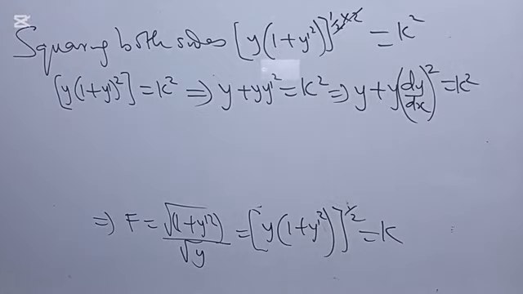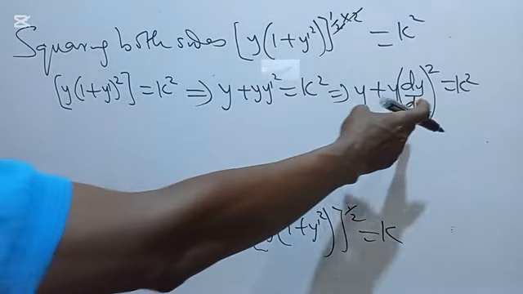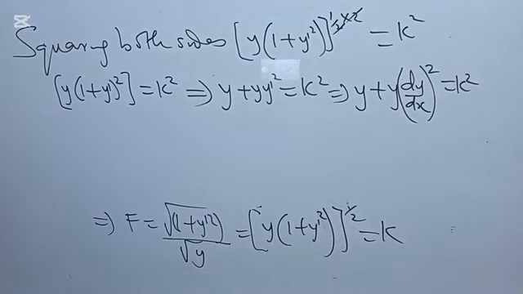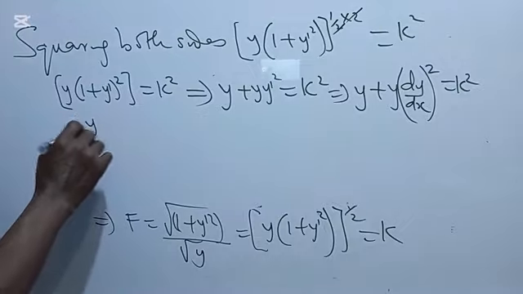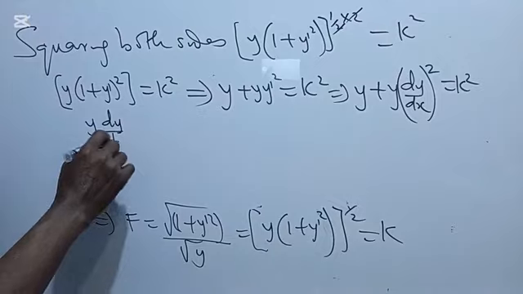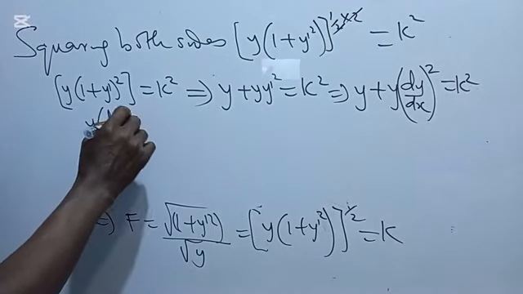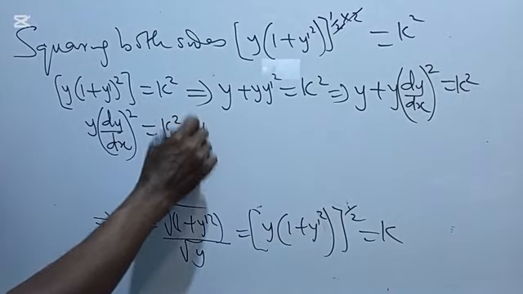Logically here, we can try to extract this particular dy/dx by making it the subject of the formula. So we can now say that y (dy/dx) all squared equals k squared minus y.